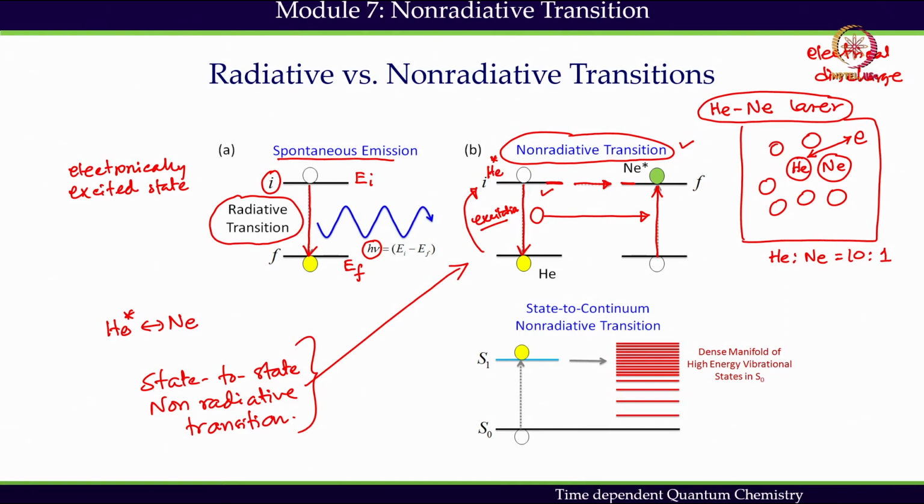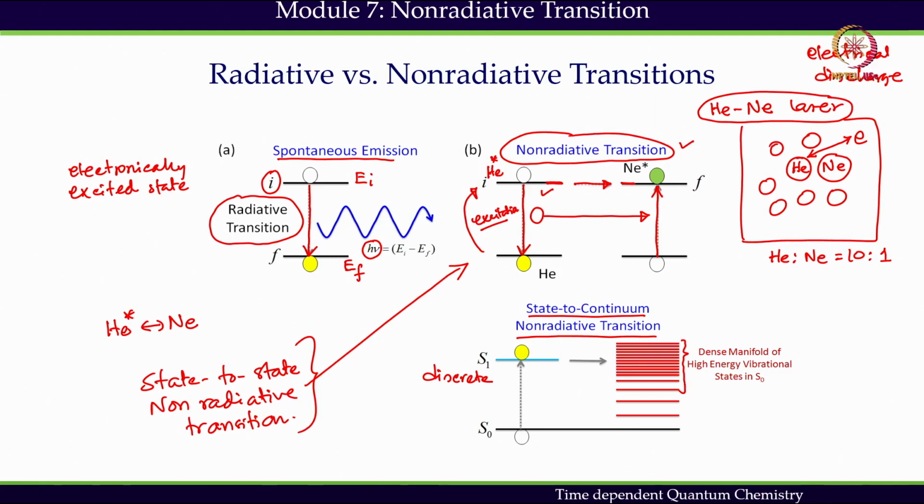Another variety of non-radiative transition is the state to continuum non-radiative transition, where I have a discrete state here, which is now transferring energy non-radiatively to a highly dense continuum or quasi-continuum of states.